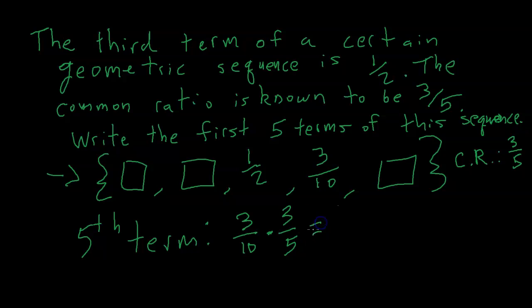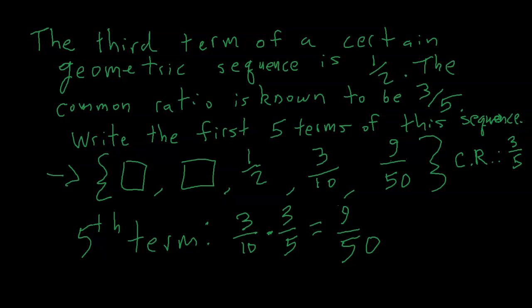We know how to multiply fractions: 3 times 3 is 9 over 10 times 5, 50. We found that our fifth term is positive 9/50. So at least half of our work is done.